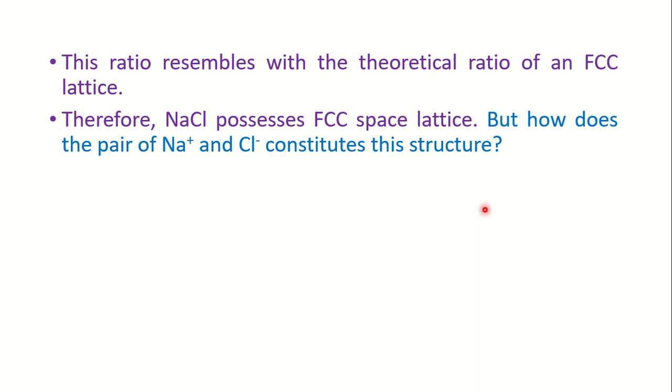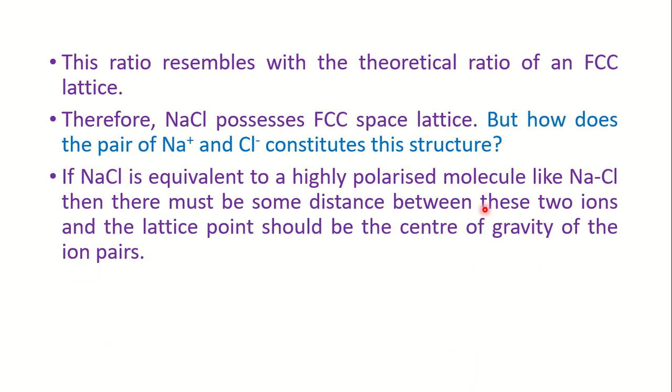But how does the pair of sodium cation and chloride anion constitute this structure? If sodium chloride is equivalent to a highly polarized molecule like Na-Cl, then its center of gravity must be the lattice point. So there must be some distance between these two ions, and the lattice point should be the center of gravity of the ion pairs.